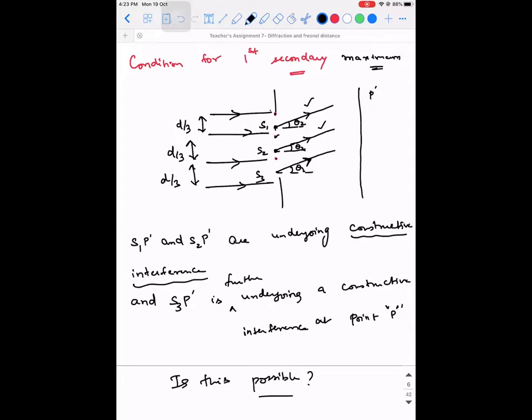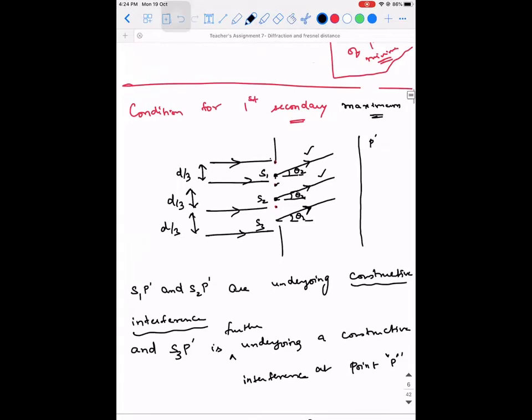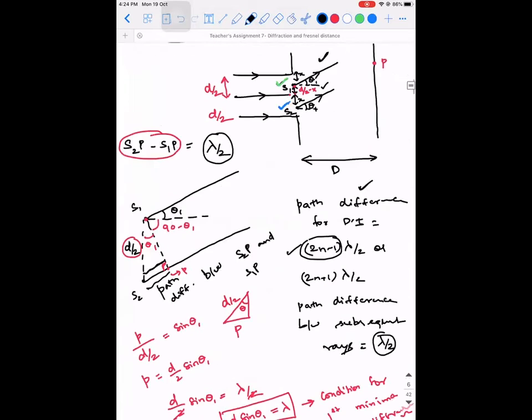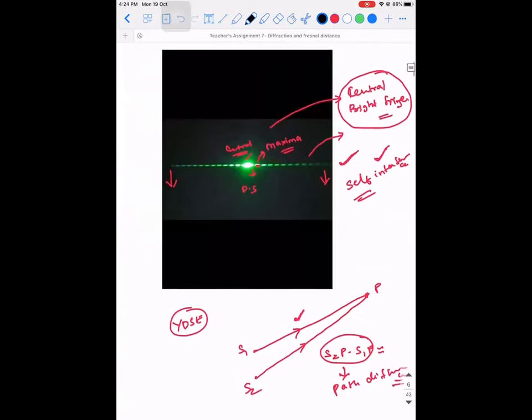Because see, we are again trying to give an explanation. I'll give you some hints. Think in those terms. It's not like I'm just coming up with some random theory. You are able to see what is happening on the screen. And I was stressing on one important point. What is that? That is the intensity of light.